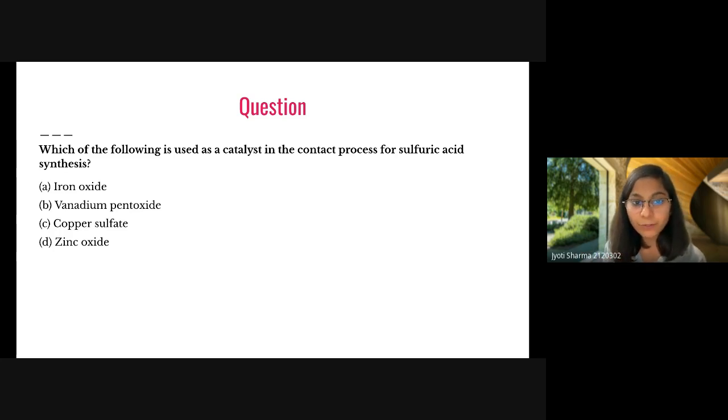And you have to tell me what catalyst we use in the contact process for sulfuric acid synthesis. So the options are iron oxide, vanadium pentoxide, copper sulfate, and zinc oxide. So what do you think? Which catalyst do we use in the contact process for sulfuric acid synthesis?